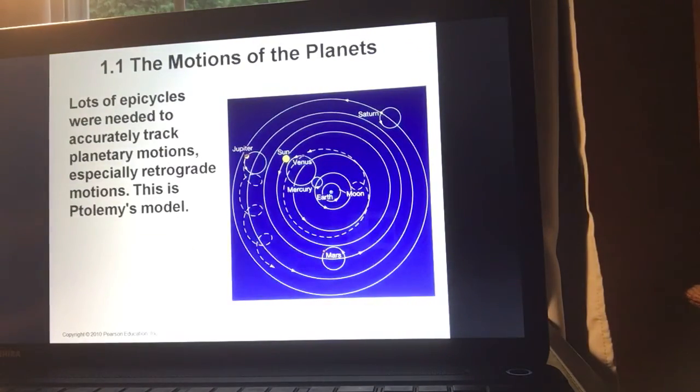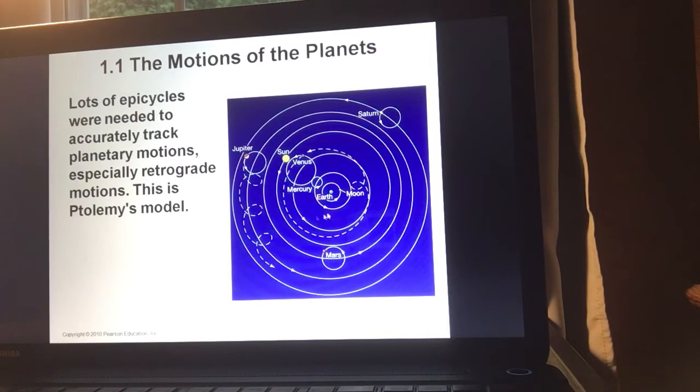However, if you want to add all the planets in the solar system together, under this model, lots of epicycles were needed to be able to accurately track planetary motions. So this model becomes very, very complicated. In fact, this model was invented by Ptolemy, so that's why this is called Ptolemy's model.